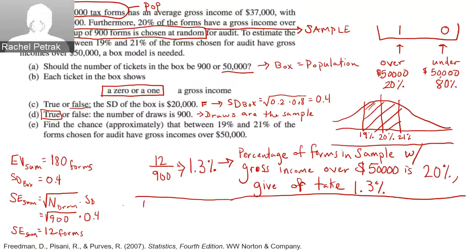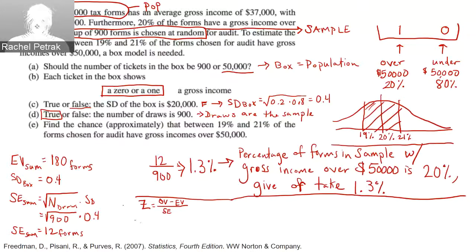So to get our standard units, remember we are looking for our observed or projected minus expected over the standard error. Now we're using our percentages.